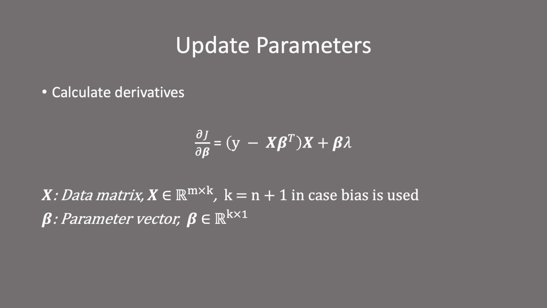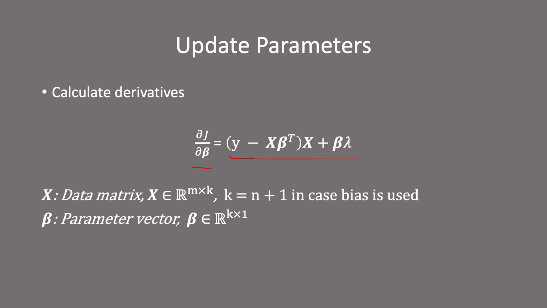But to use the gradient descent algorithm, we need to calculate the derivative of the loss with respect to beta, which equals this quantity, where S is the data matrix with dimension m multiplied by k. K will equal n plus 1 in case we use the bias term.